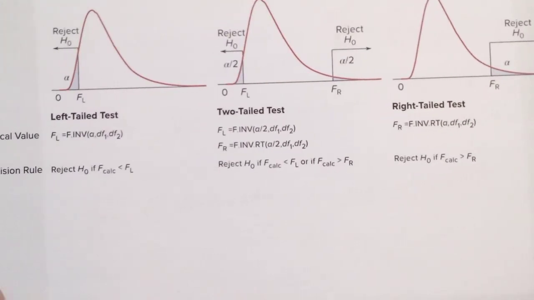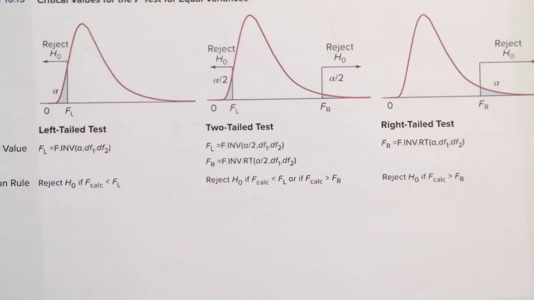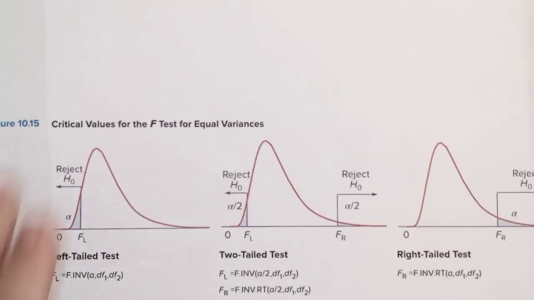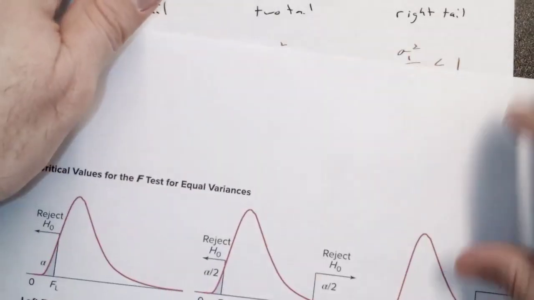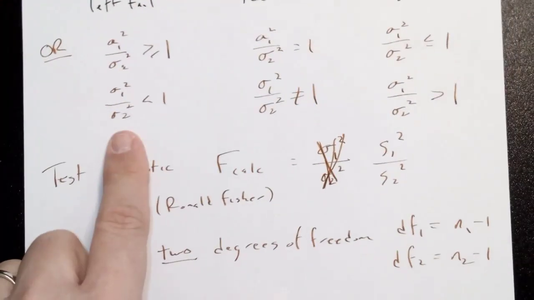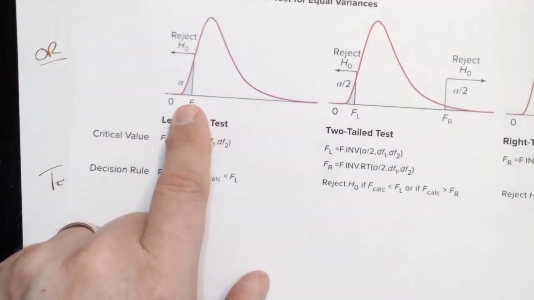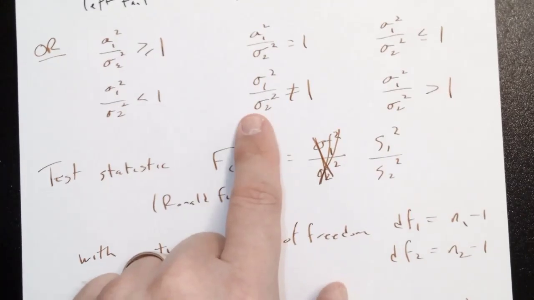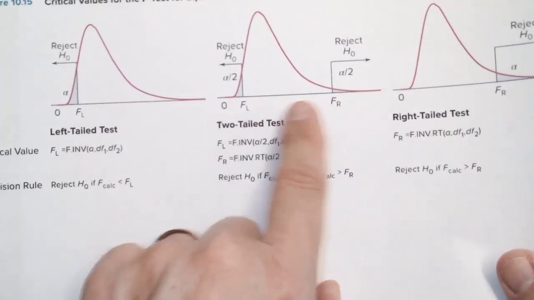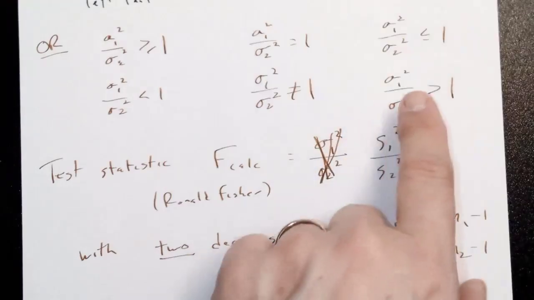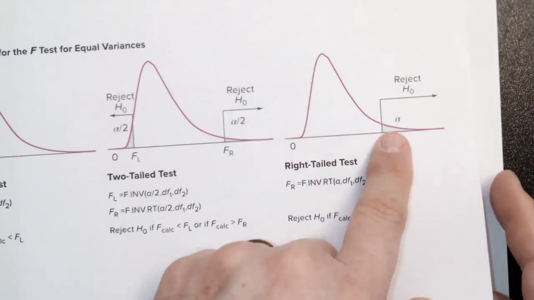Now notice, there are 3 different tests because there are 3 different sets of hypotheses. If I'm doing a left tail test, then I'll reject when I'm in this left rejection zone. If I'm doing a 2-tail test, I reject when I'm in either the left or the right zone. If I'm doing a right tail test, I'm only rejecting the right zone.